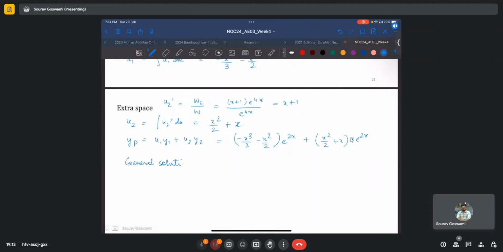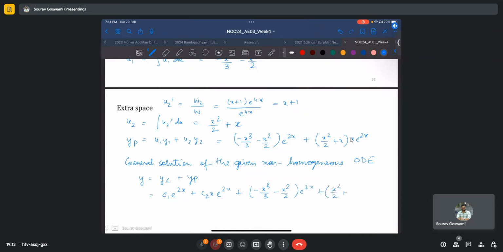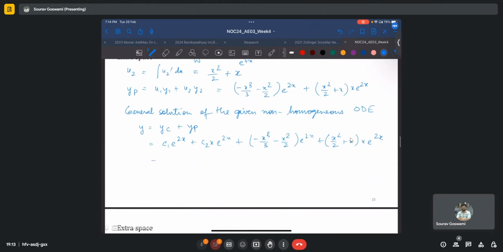So C1 e power 2x plus C2 x e power 2x plus minus x cubed by 3 minus x squared by 2 e power 2x plus x squared by 2 plus x times x e power 2x. This can be simplified further, but that is not really necessary. This is the solution we seek.